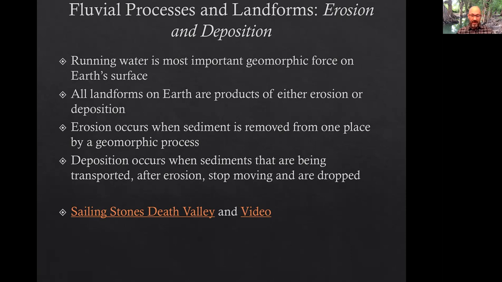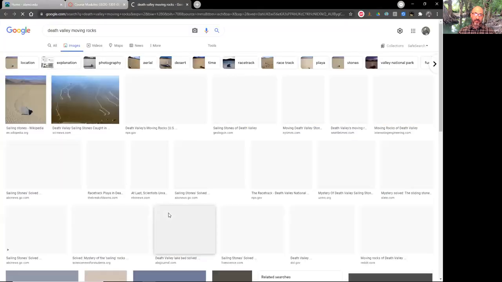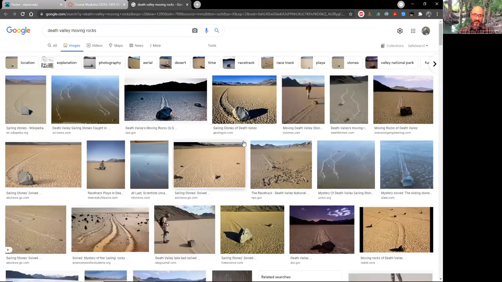So if you have some time after class, please go into the Canvas file section and pull up this lecture slide and click on this link to check out some horizontal movement of these large stones in Death Valley. Pull it up in a web browser really quick. You can see that this is a very interesting phenomenon where these rather large boulders are moved horizontally across this sun-baked dry lake bed called a playa.